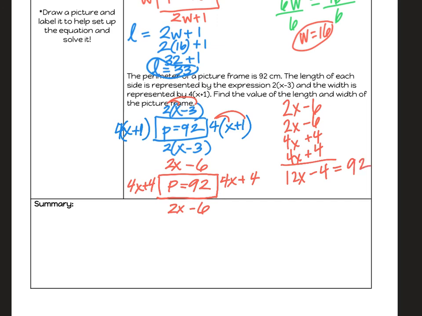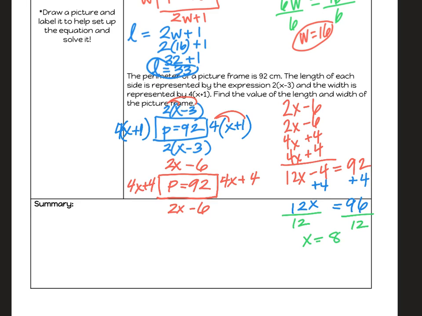So I'm going to solve for x by adding 4 on each side. So I'm going to get 12x equals 96, and when I divide, I'm going to get x equals 8.